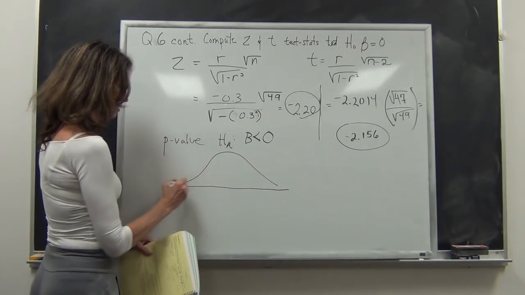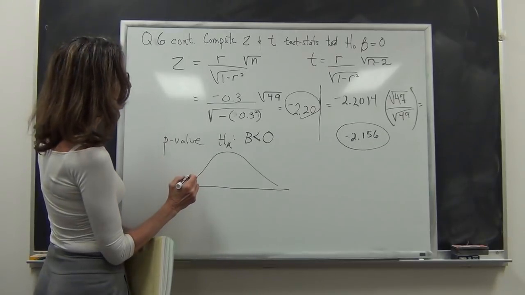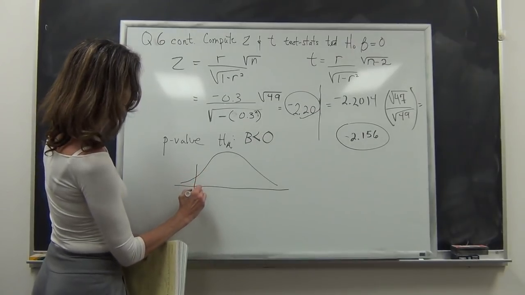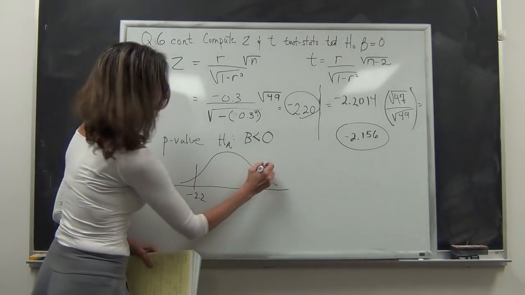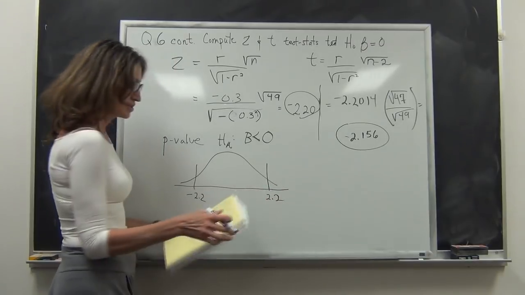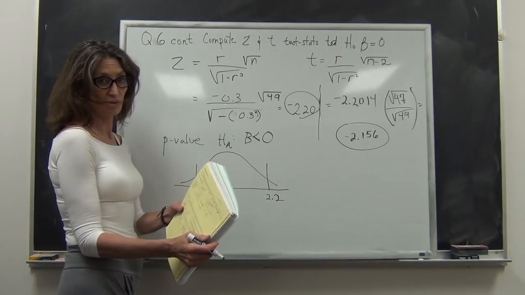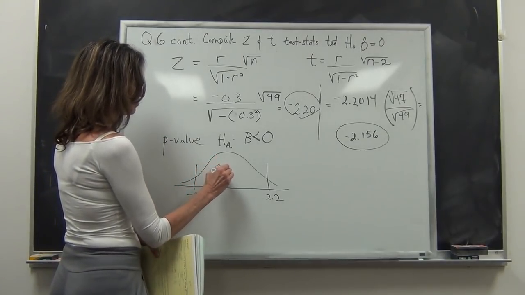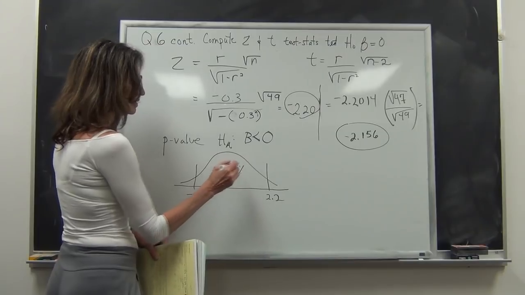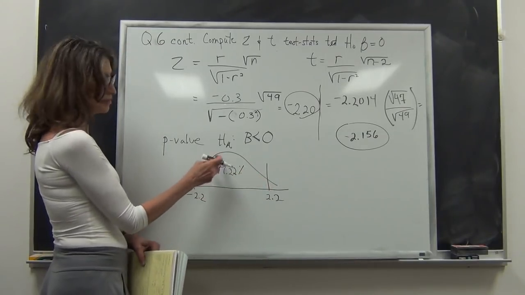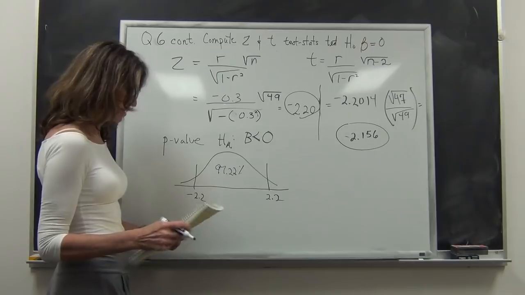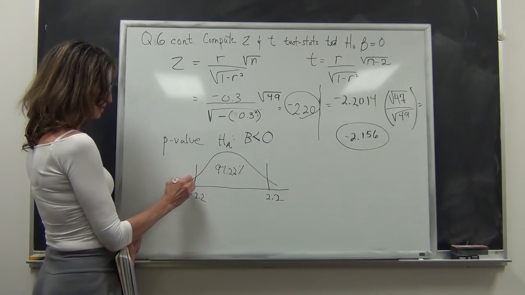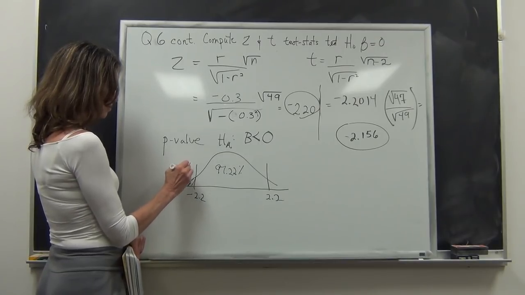On the normal curve table, between negative 2.2 and positive 2.2 in the middle is 97.22%. So each tail is 100% minus that, divided by 2, so that's 1.39% on each tail, and we're only concerned with this one, so 1.39%.